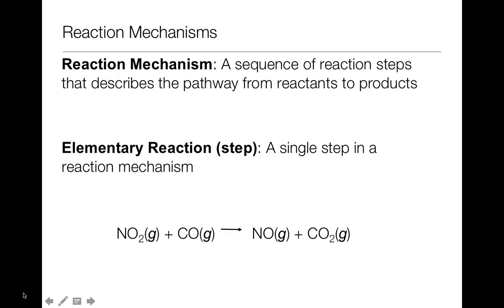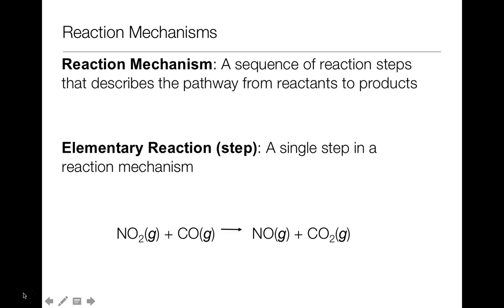They need to collide in a favorable orientation. That was our A factor in the Arrhenius equation. And they also need to collide with enough energy to overcome the activation energy to form the transition state that will eventually form the products.